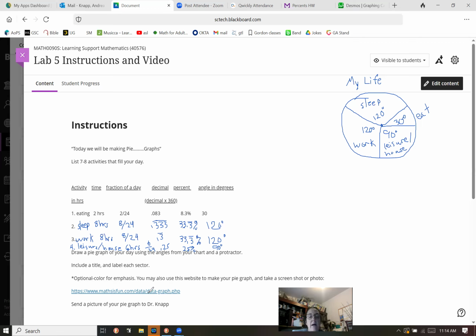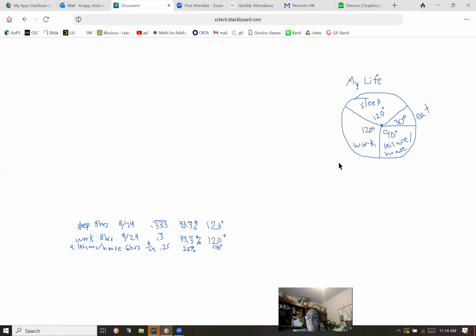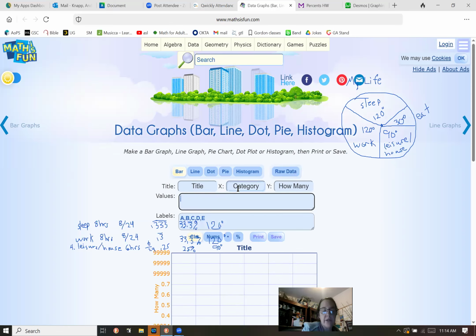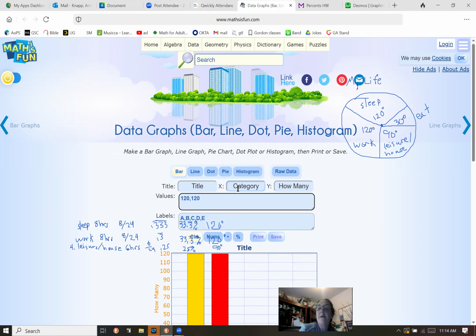So if we click on Math is Fun, for your values, you can put the degrees. So you could put 120, comma, 120, comma, 90, comma, 30.